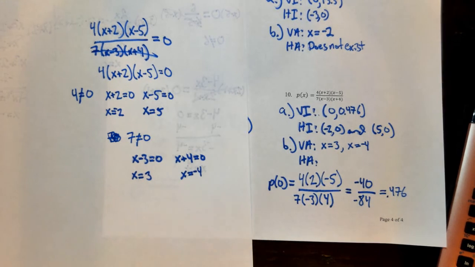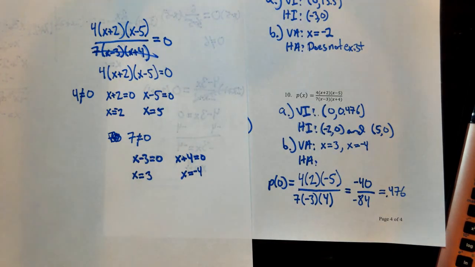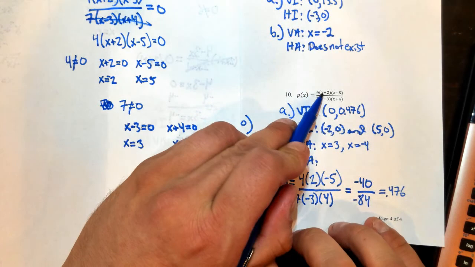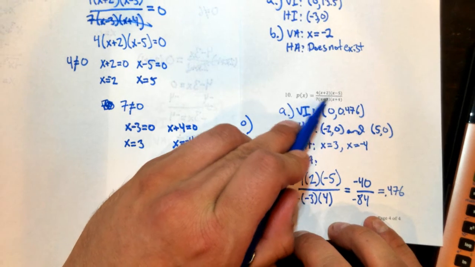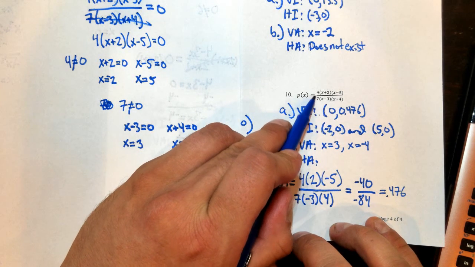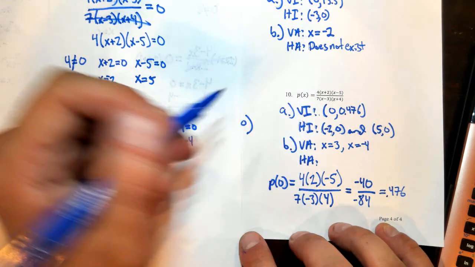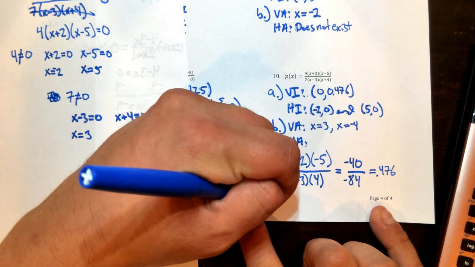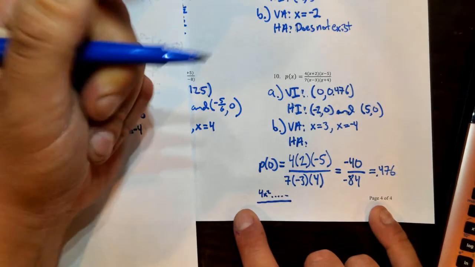And then finally finding the horizontal asymptote. Let's just multiply just our x's together. We're going to have x squared divided by x squared, but we do have these factors out front. So really what this is going to be, it's going to be 4x squared if we multiply all that together, and we have other stuff.